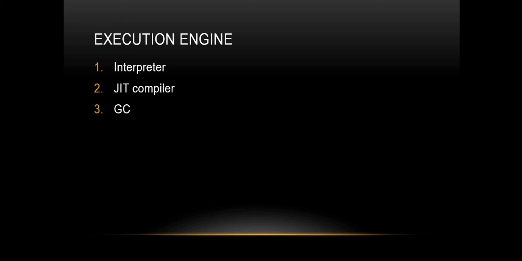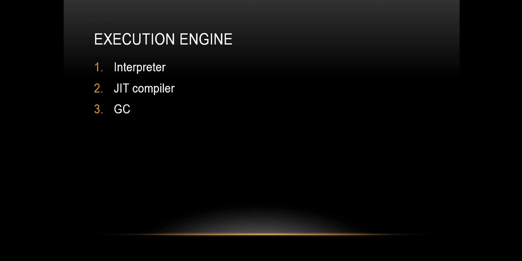And next time again when that code has to be executed, rather than interpreter converting the bytecode into machine code and then it getting executed, this step won't be there. That machine code will be directly looked up in the JIT compiler cache. Okay.